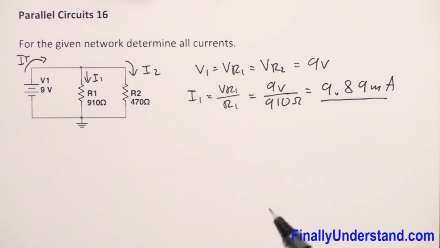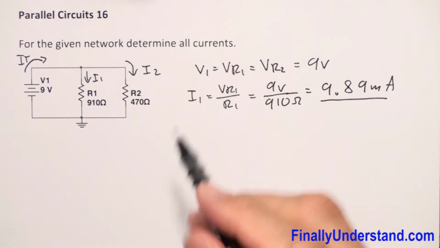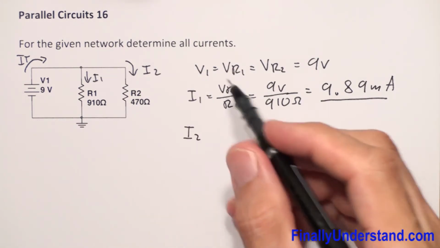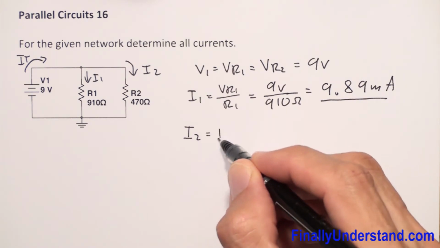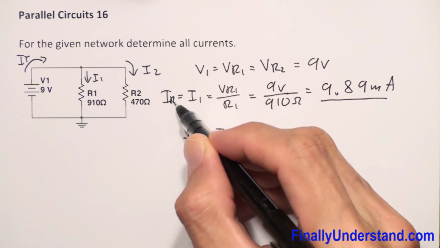Next, I'm supposed to find the current which will go through resistor R2. So I have I2, or we can say IR2. In some books we are going to find IR1.